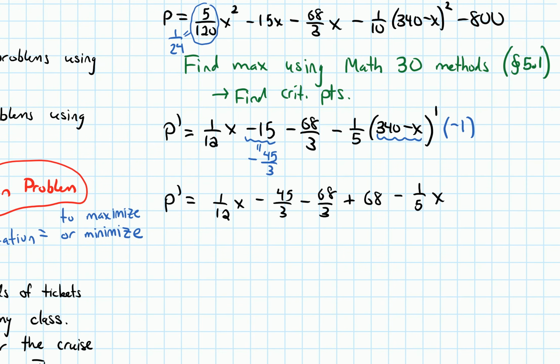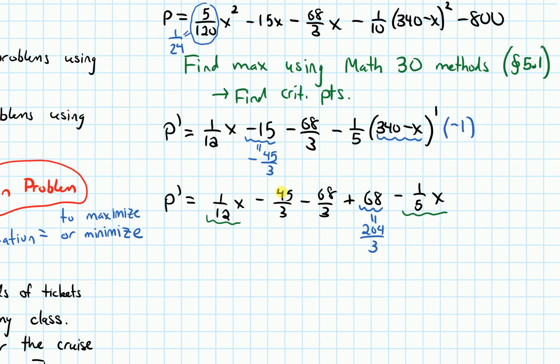Okay, so let's get some more common denominators. 68 is a constant, so let's also make that denominator 3. 68 becomes 204 over 3 if you multiply the top and the bottom by 3. And with both of the x terms, the 1/12 x and the minus 1/5 x, the common denominator is going to be 60.